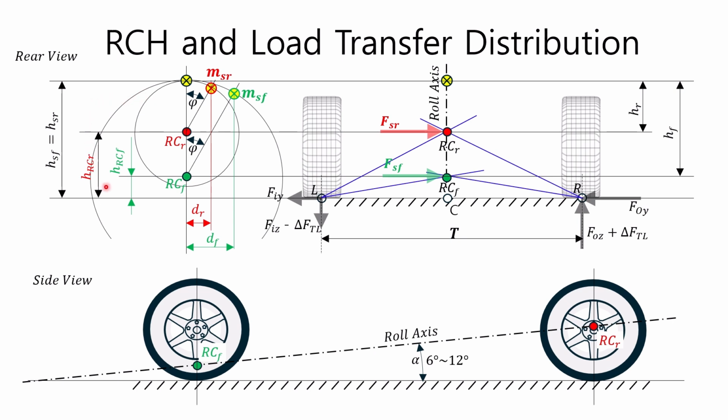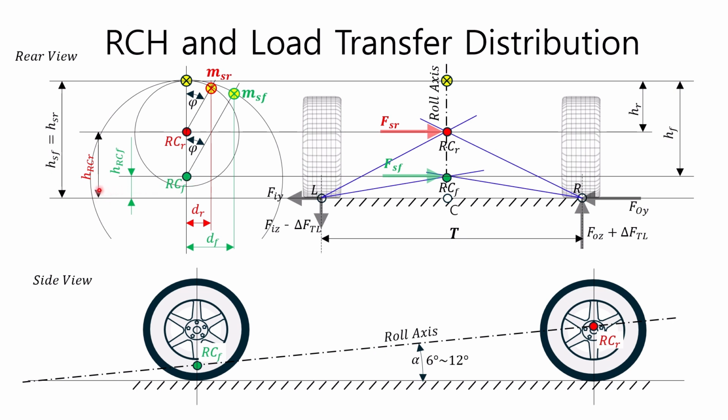The upper left figure shows a rear view of a vehicle turning left. Phi represents the roll angle, MSR represents the rear sprung mass, and MSF represents the front sprung mass. RCR represents the rear suspension roll center, and RCF represents the front suspension roll center.